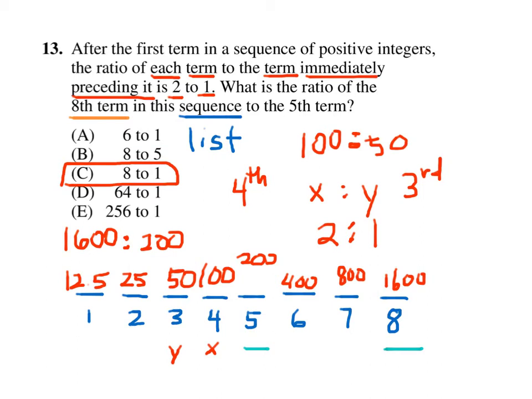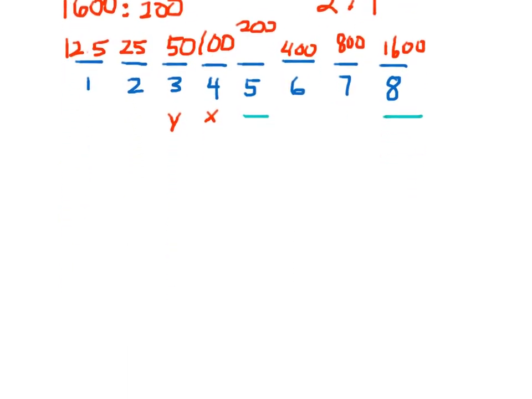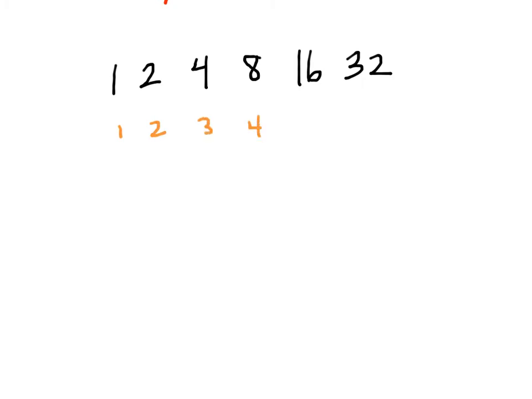Now that seems a little shaky. Seems like we ought to do a little more due diligence in checking up on that. So let's see what would happen if we started our sequence with 1. Then we'd have 2, 4, 8, 16, 32. I'm going to track down here the number in the sequence: 1, 2, 3, 4, 5, 6, 7, and 8. 64, 128.